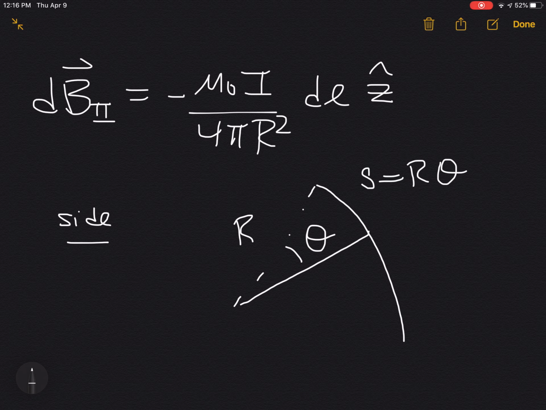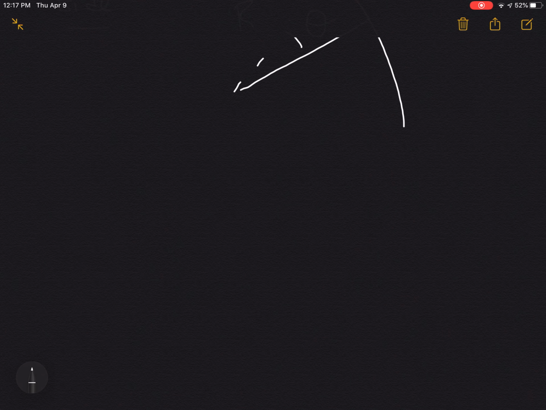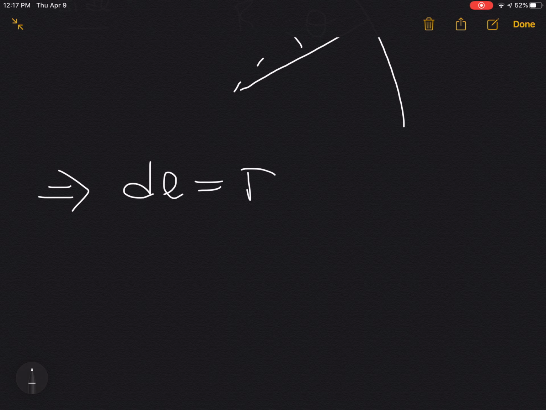So I'm using theta here in a different context. I apologize for that. Old habits die hard. But the point is that if you want a very small segment of the wire, then that corresponds to a very small segment of angle. So what you have is that dl is itself r times actually d phi in our case. Sorry for the confusion with the variables.